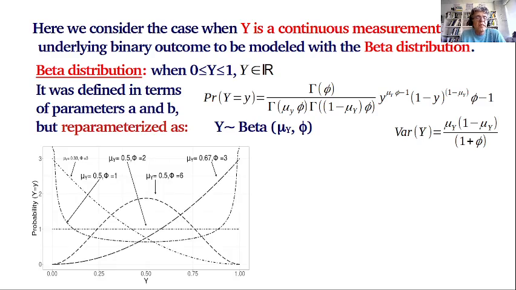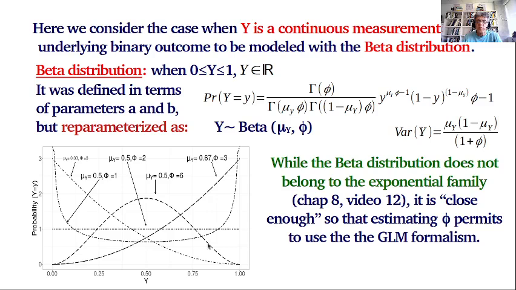So the beta distribution is extremely plastic. It has very different shapes that range from uniform to an inverted U, a U, an ascending or descending exponential, depending on the two parameter values. The beta distribution, formally speaking, does not belong to the exponential family.